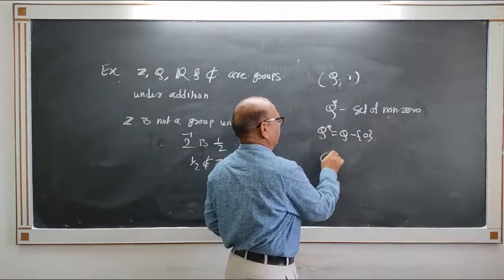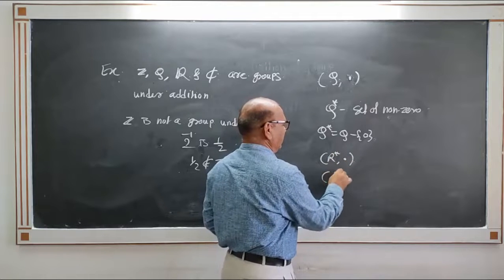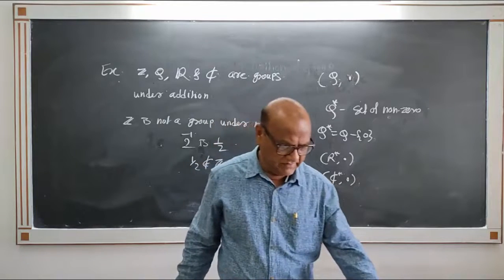Similarly, R star is a group under multiplication. Complex star is a group under multiplication.